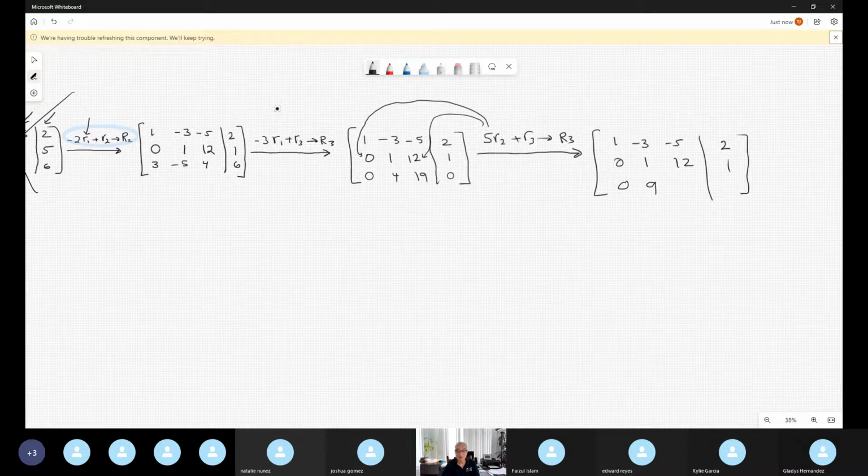And 60 plus 19 is 79. And 5 times 1 is 5, plus 0 is 5. And it's the final answer. That is option C in the handout.